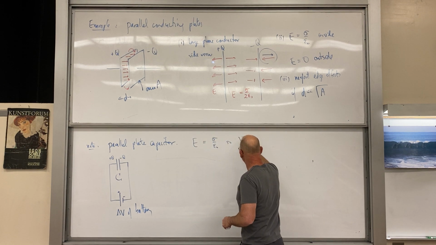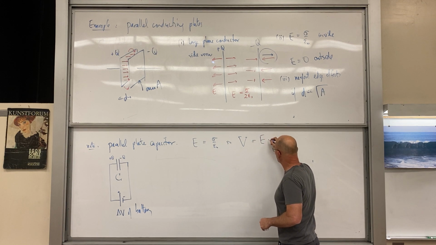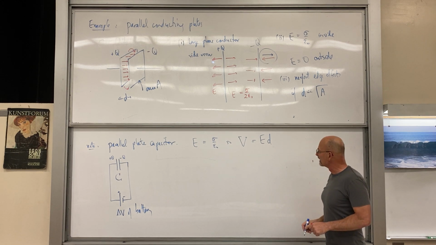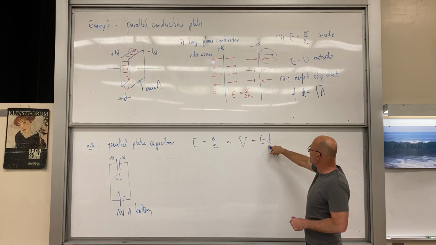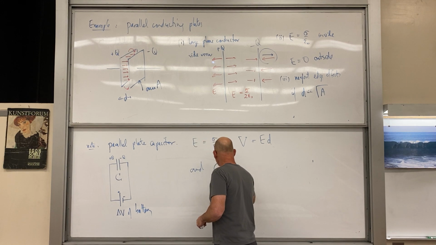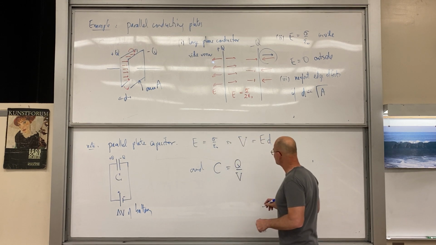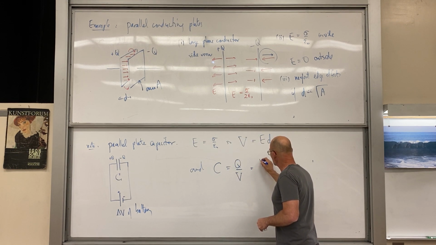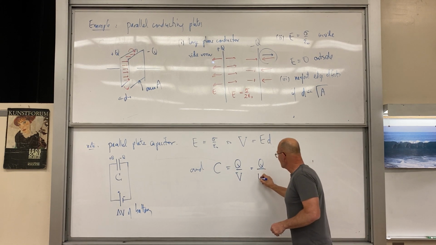So V, magnitude at least, is equal to, I'm not going to worry about the direction, E times D. So now we have our C is equal to Q divided by V, which is equal to Q over E times D.